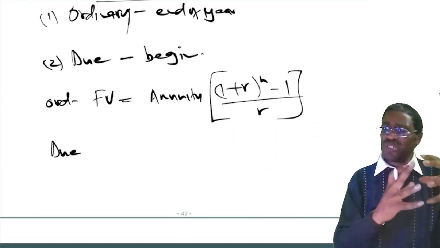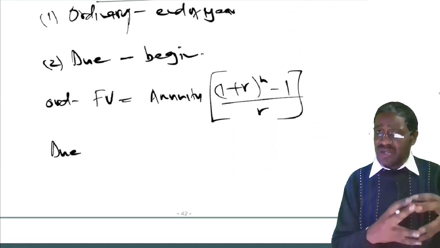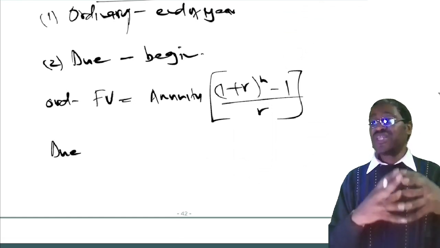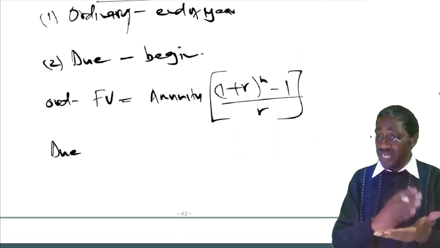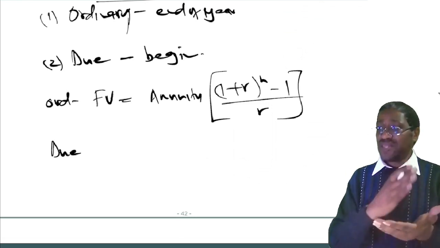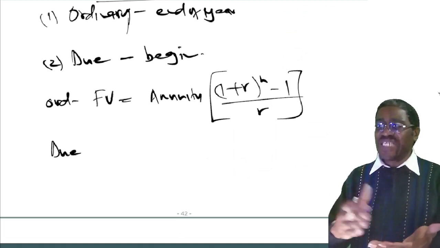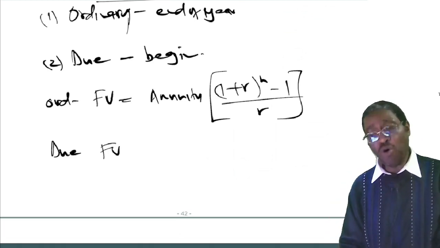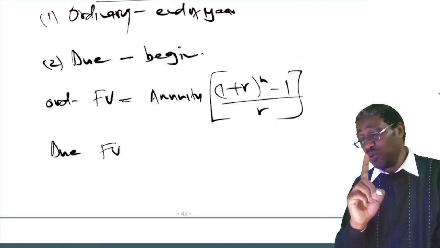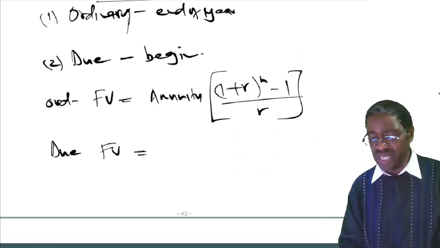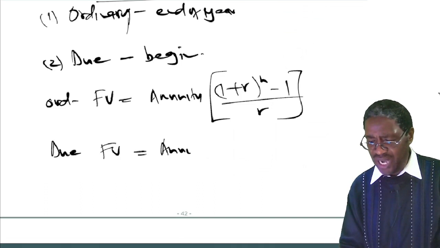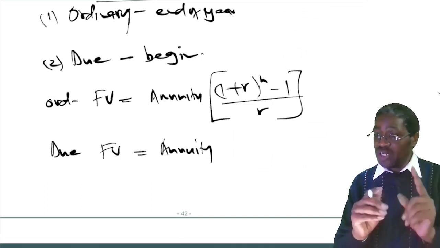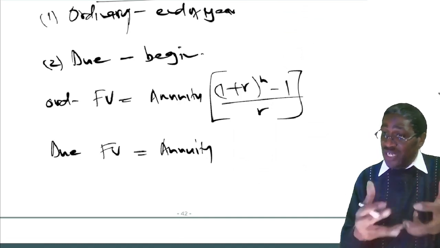But if you deposit the amount at the beginning, which becomes an annuity due, then we said if you deposit your 1 million at the beginning of the year, that 1 million will earn interest even for that year. So the formula for future value of annuity due is the same as that of the ordinary annuity, except you now add the extra 1 year's interest.